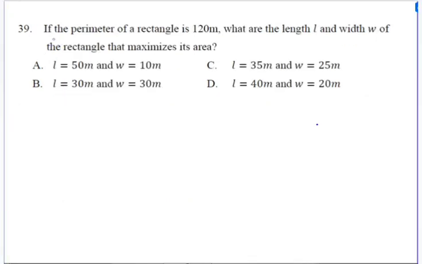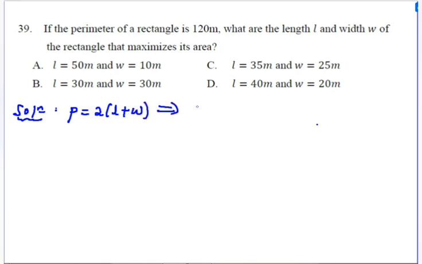If the perimeter of a rectangle is 120 meters, what are the length L and the width W of a rectangle that maximizes the area? So here we have a rectangle with perimeter 120 meters. Normally the perimeter of a rectangle is twice the sum of the length and the width.